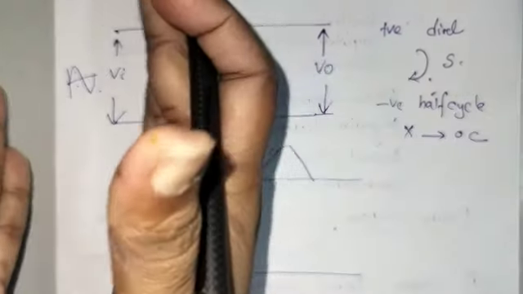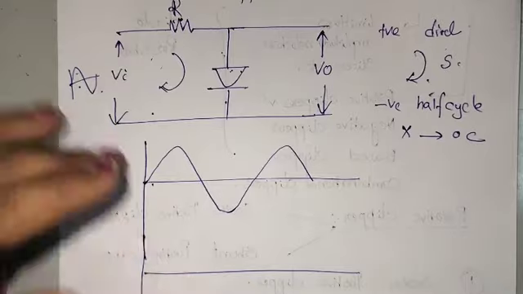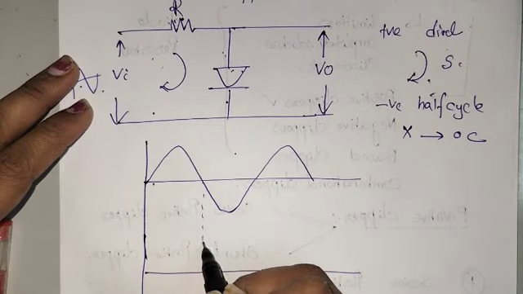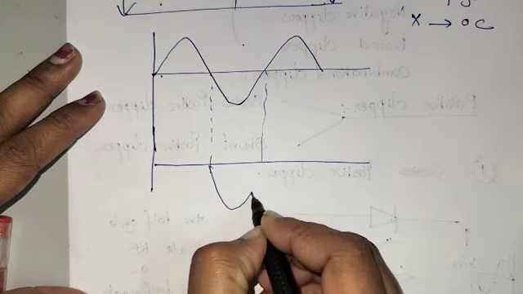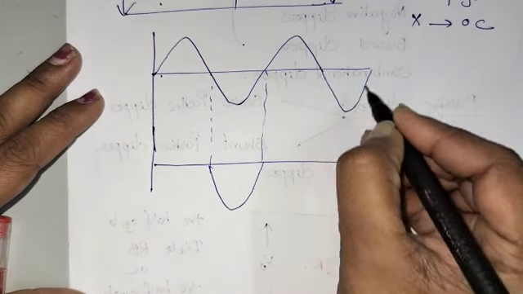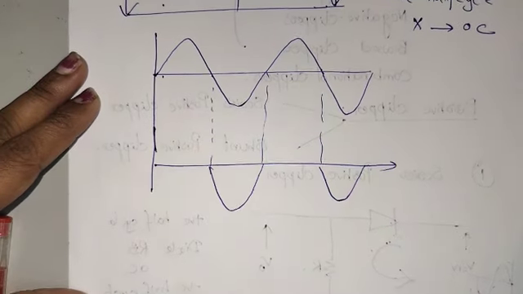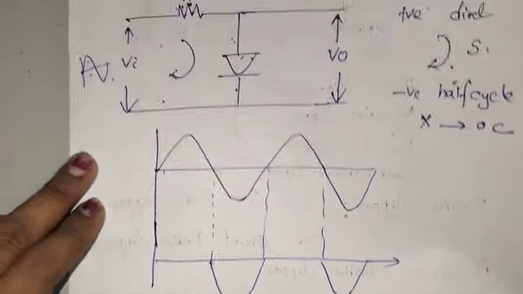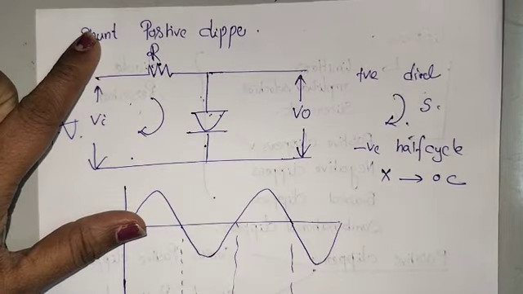The negative portion is available at the output. So the waveform is like this. This is the output waveform for shunt positive clipper.